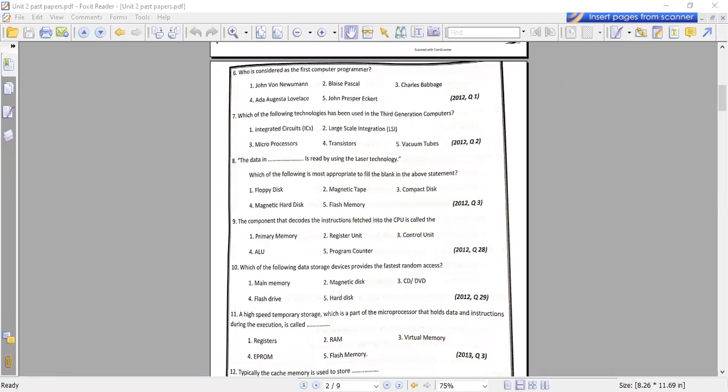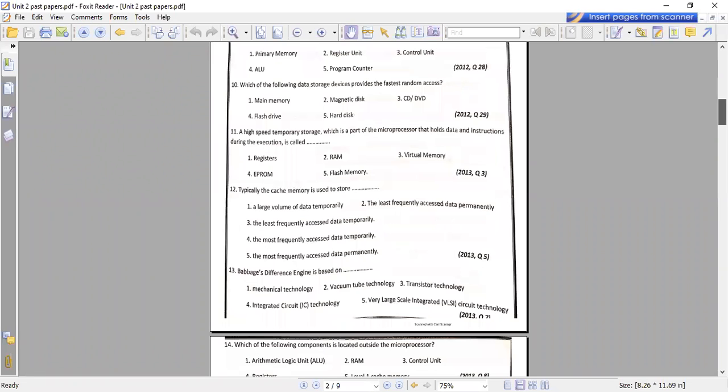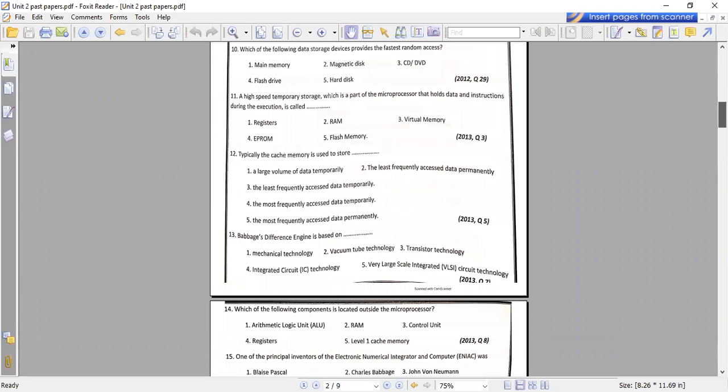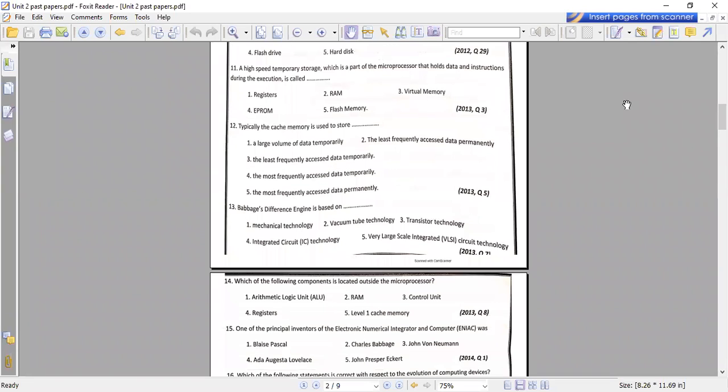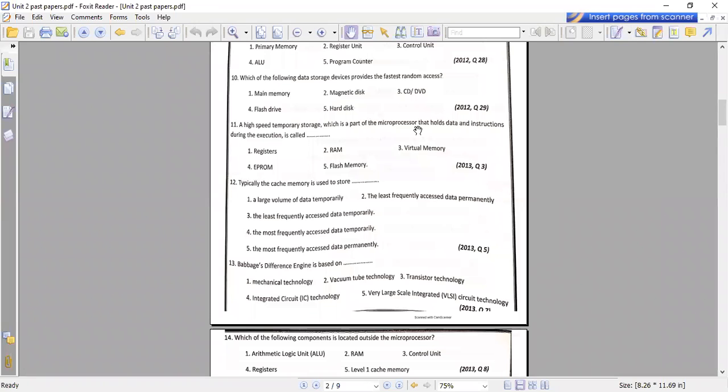Question number 11 to 20. We'll start from question number 11.